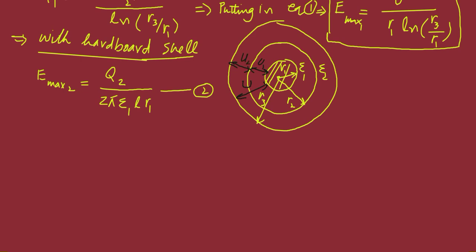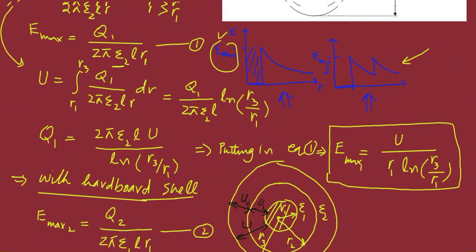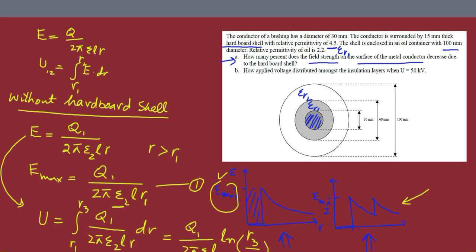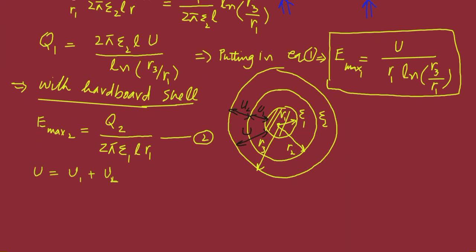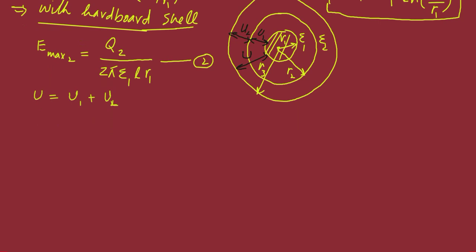Okay, so now my total voltage will be equal to U1 plus U2. Again, using this relationship, we can find U1 and U2.